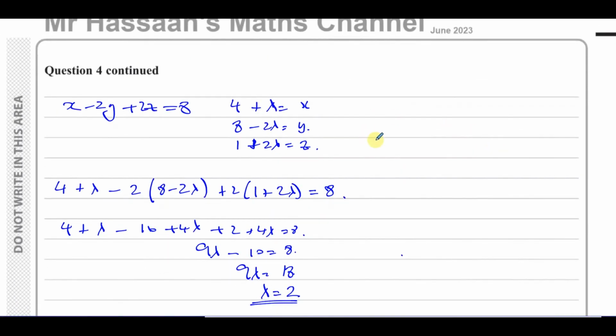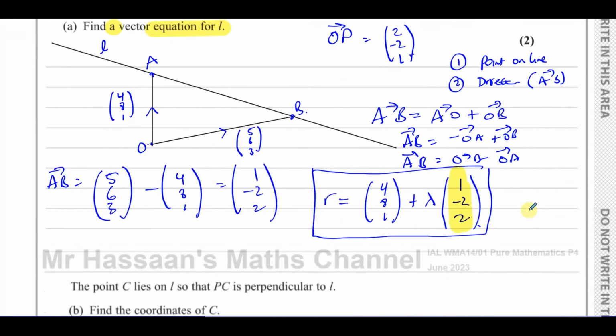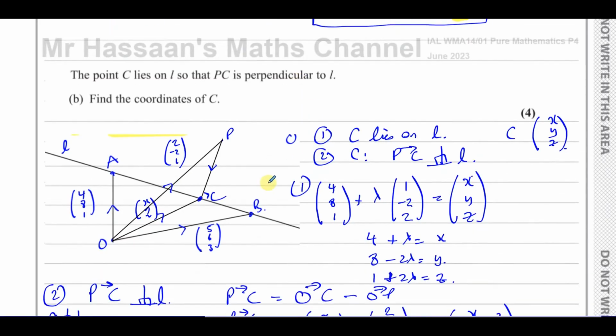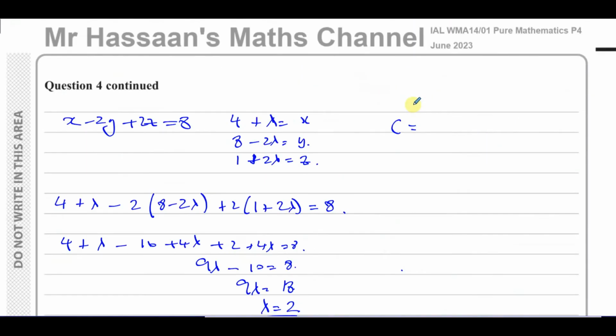Okay, so we know that that's a position vector of C. C is going to be, and we've got the equation of the line, which is... In fact, C we can see from here. We can use these. That's the I component. This is like the I component.